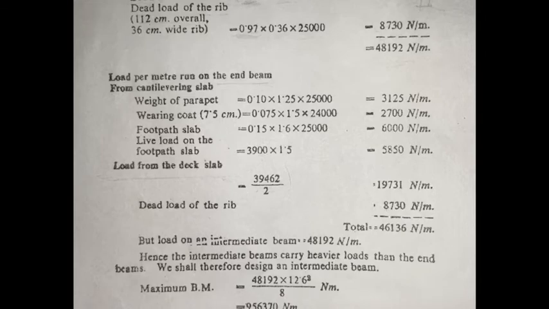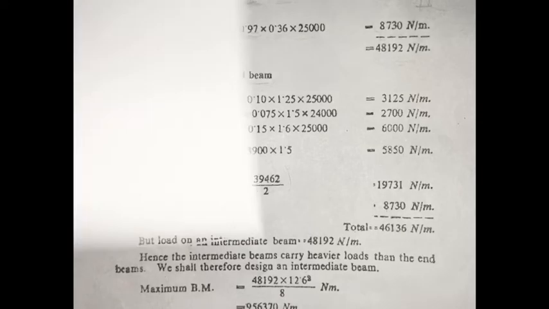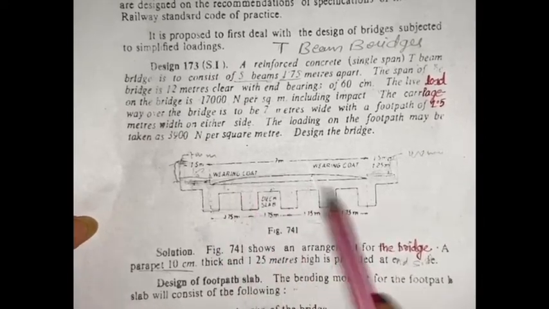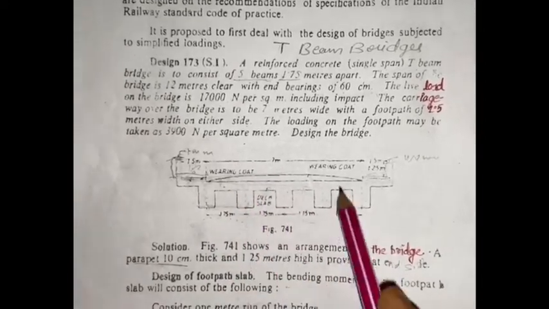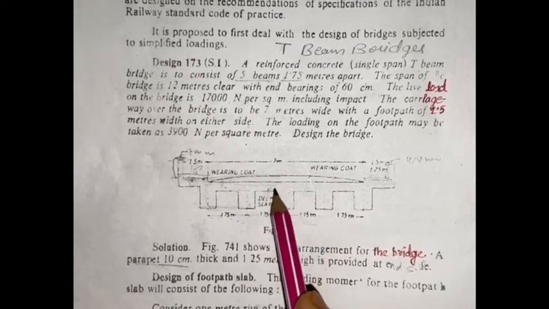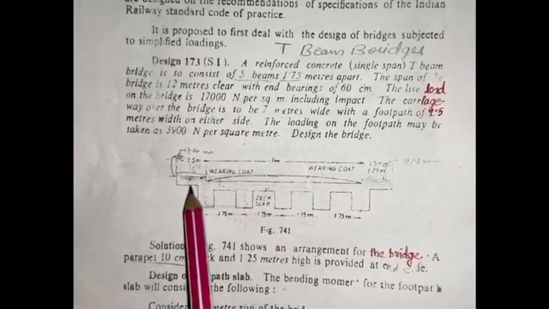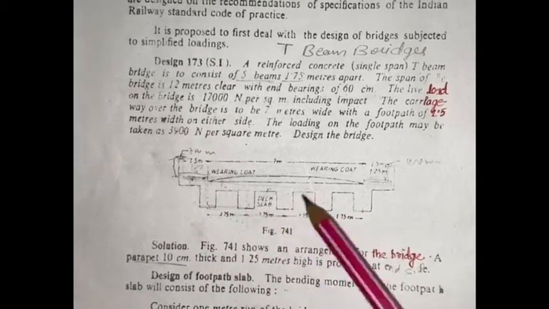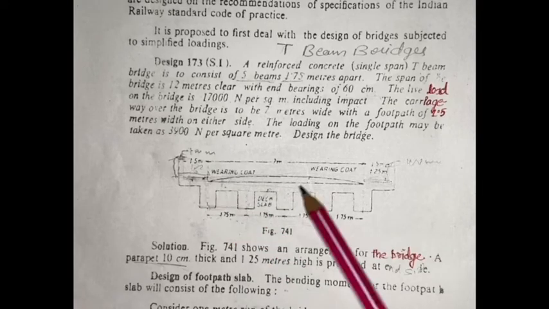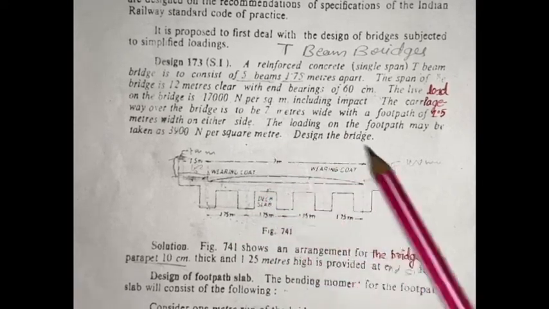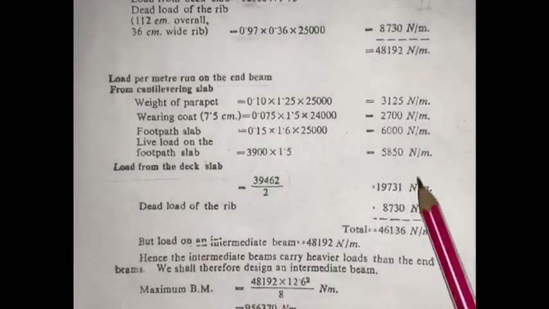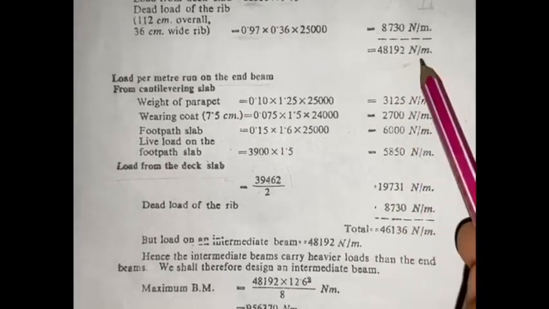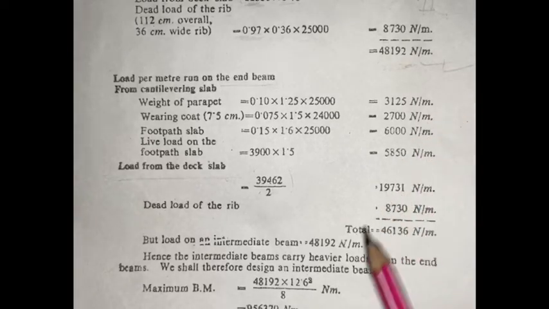Okay, जो लोड अकर हो रहा है सेंटर वाले इंटरमीडिएट बीम पे और एंड बीम पे, तो जो इंटरमीडिएट बीम पे लोड अकर हो रहा है वो ग्रेटर हो रहा है, ज़्यादा हो रहा है, और इस वाले साइड बीम पे लोड कम अकर हो रहा है. ओके, तो हम लोग जो ग्रेटर लोड है इंटरमीडिएट बीम पे उस लोड को कैरी करके बेंडिंग मोमेंट फाइंड करेंगे. Okay, so this is greater load and this is less than it. So we will take this load for the further equations.